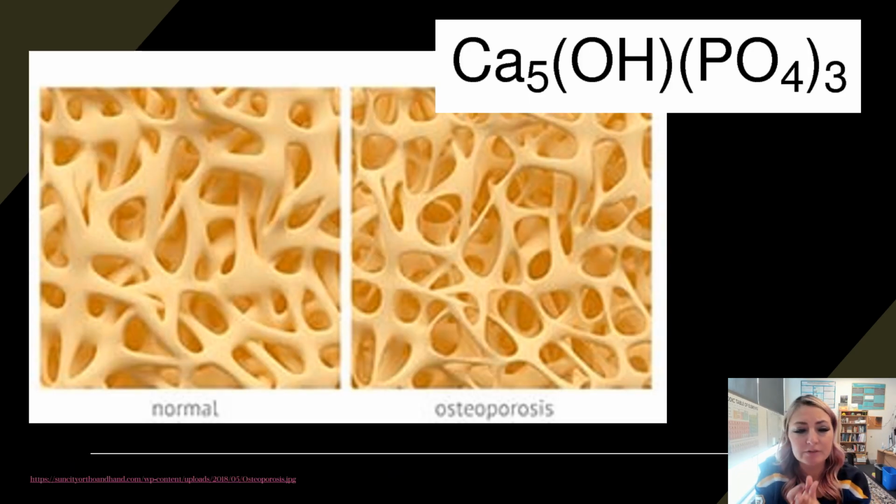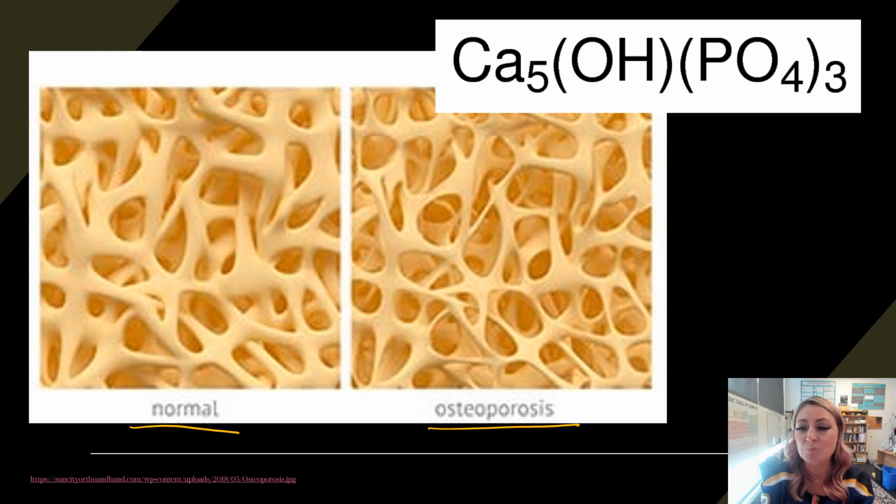All right, so we're looking at normal bone on the left versus osteoporotic bone on the right. Osteoporosis results in a decrease in bone density. This is something that tends to happen as people age. When you have a decrease in bone density, bones tend to become more brittle, they're easily fractured, so this can be very problematic.